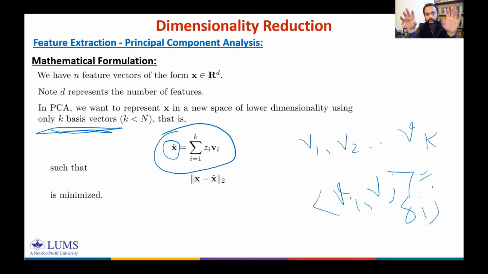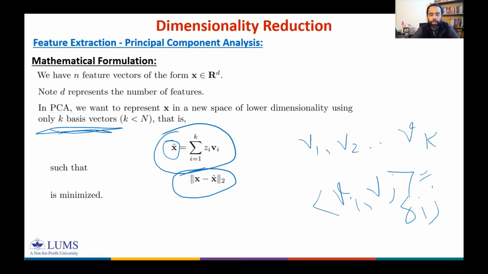The error, the difference between these two, would be x minus x hat. That is error, right? In PCA, we minimize the Euclidean norm of this error. So we find these v1, v2, up to vk such that the Euclidean norm of x minus x hat is minimized.